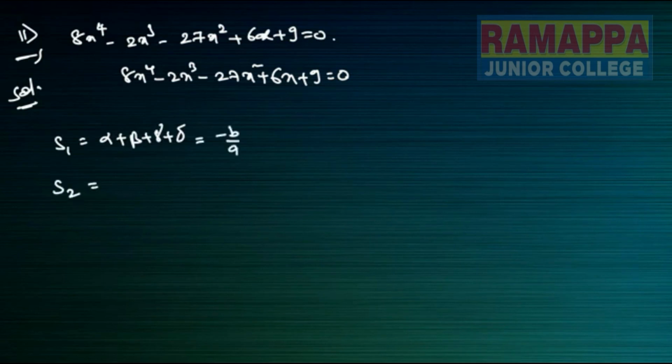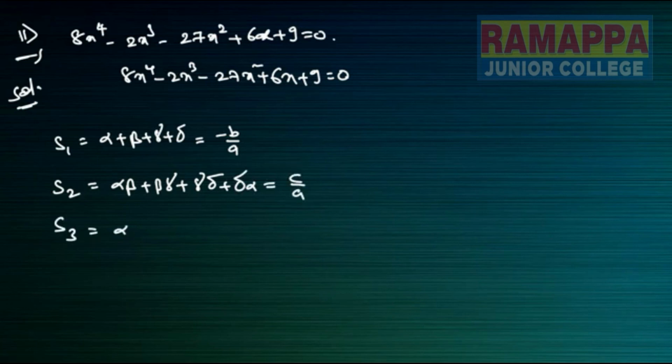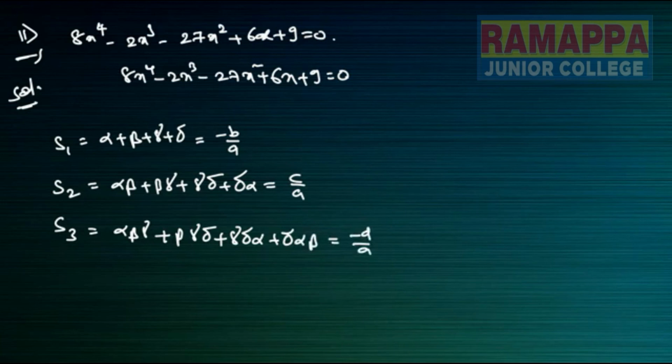S2 is alpha beta plus beta gamma plus gamma delta plus delta alpha, which is c by a. S3 is alpha beta gamma plus beta gamma delta plus gamma delta alpha plus delta alpha beta, which is minus d by a.